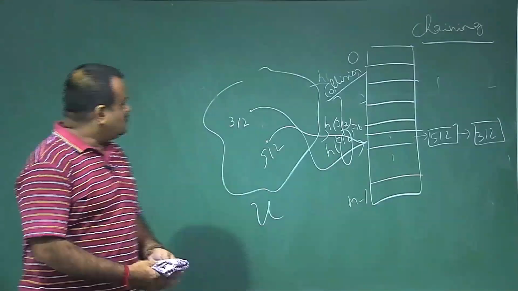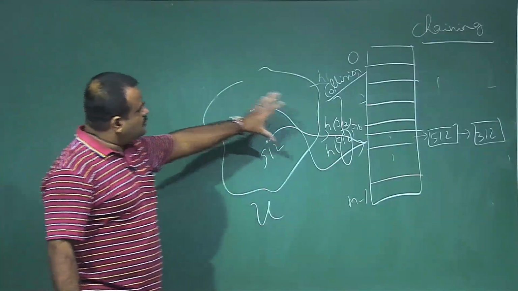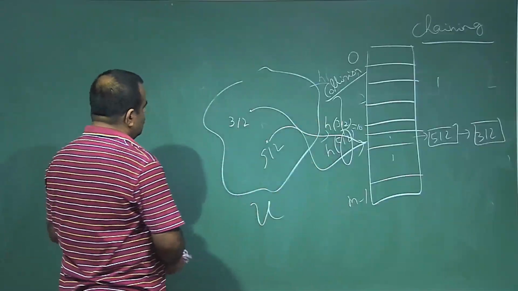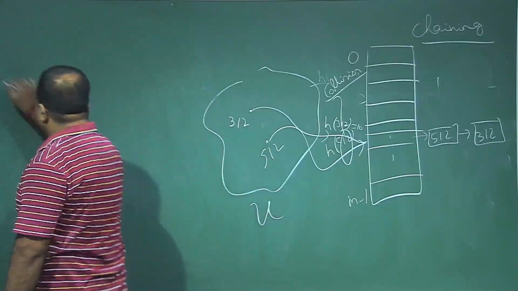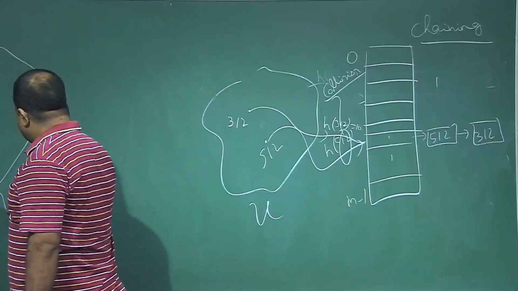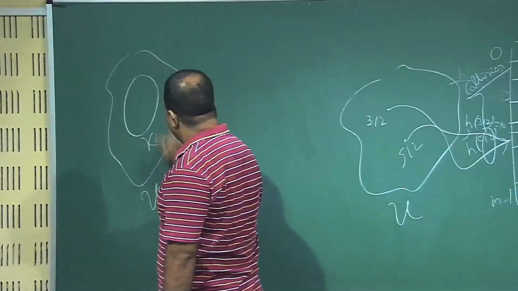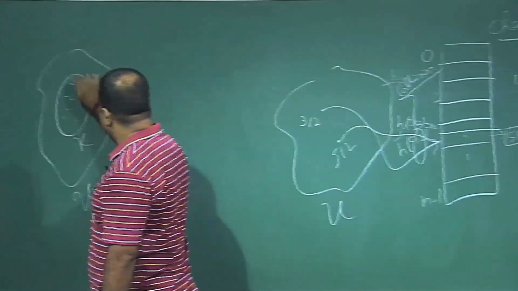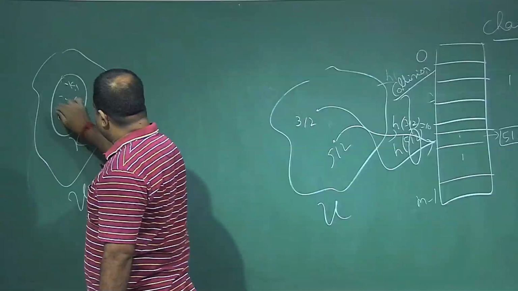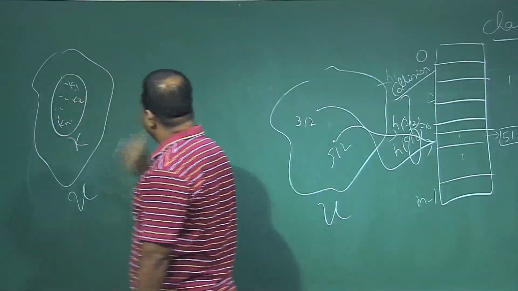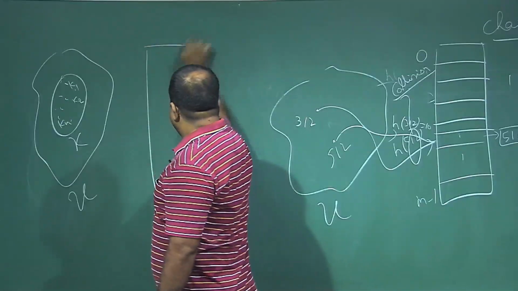So, this is the hash function, and this way we will store our keys. Suppose this is the universe of keys, and this is the key set we are interested in, and suppose there are n keys, k1, k2, up to kn, and we have this hash table.